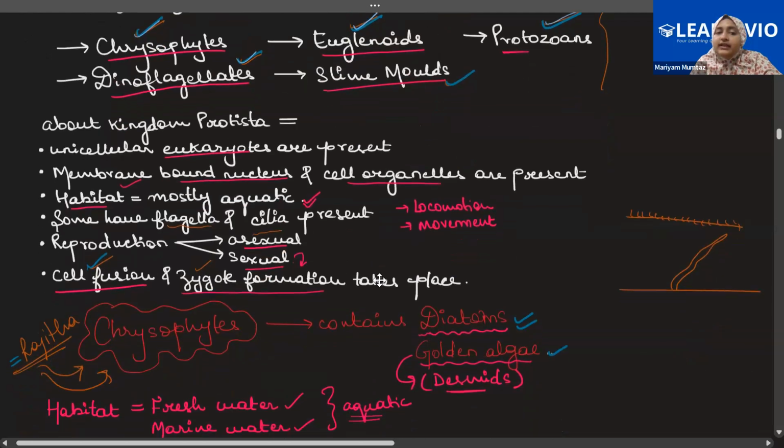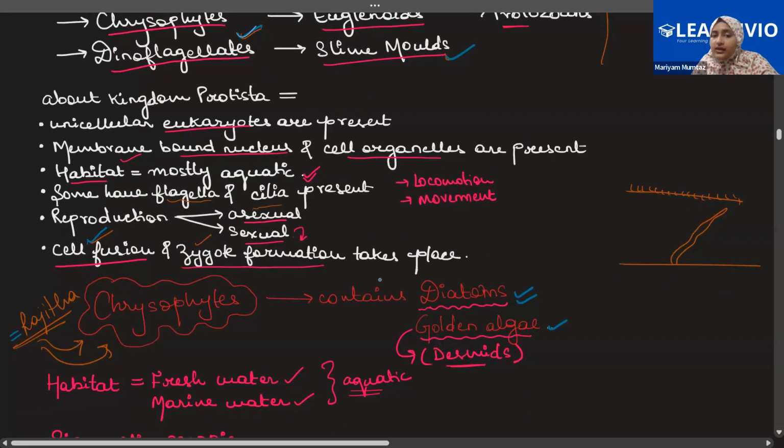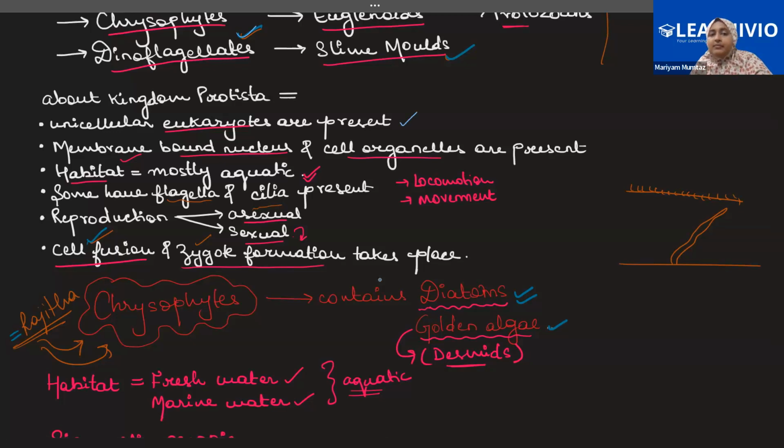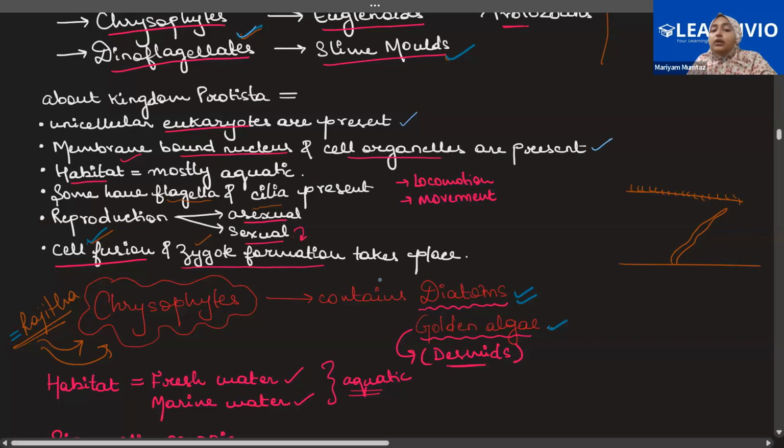Now, talking about the kingdom Protista, unicellular eukaryotic organisms are there, with membrane-bound nucleus and membrane-bound cell organelles present because it is a eukaryotic organism. Habitat is mostly aquatic. They are found in the water. Some have flagella and cilia present.